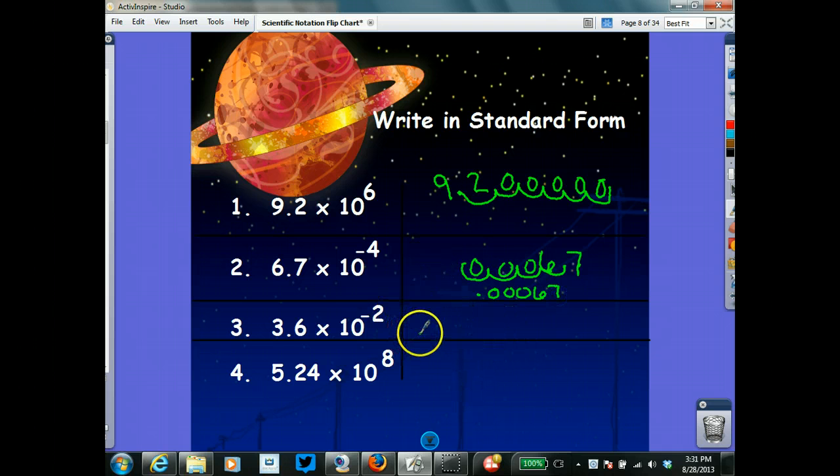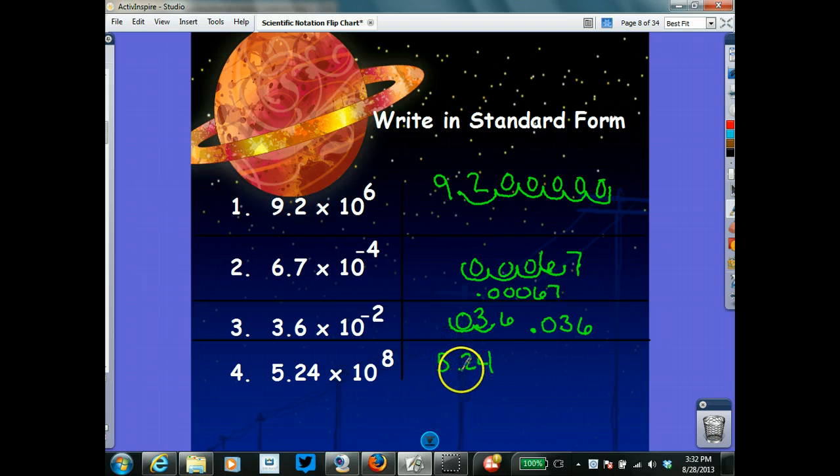I go down to the third one. I have 3.6 times 10 to the negative second. Well, that negative exponent, again, tells me I have to move it to the left. It's going to be in front of the number 1, 2. 0.036.